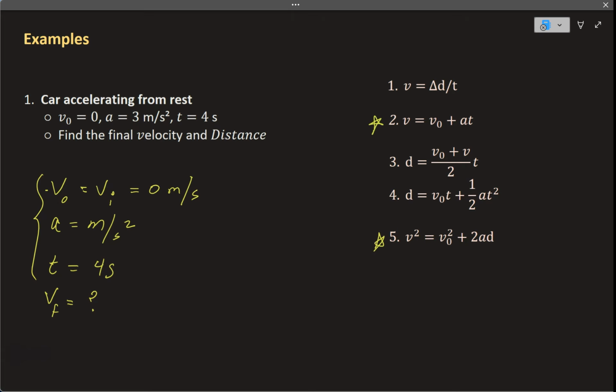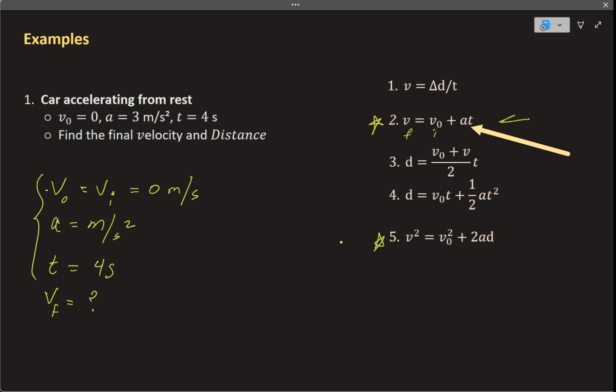Be careful with notation: instead of v equals v naught plus at, this could have been v final, and instead of v naught it could have been v initial. Different ways of writing it, but just be aware. So it's either one of the two. Which one can we use?